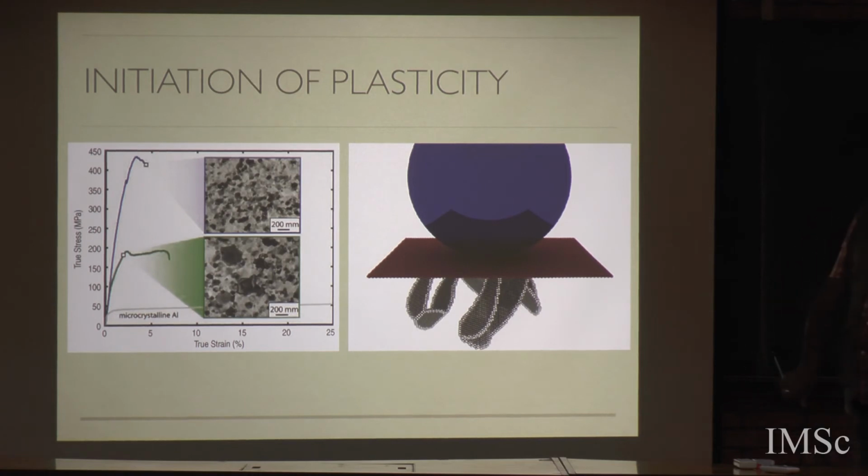But people also look at something called indentation, where you take a surface and you try to indent that surface using some large, hard spherical particle, and you want to find out which are the regions inside this surface, in the bulk, where dislocations form.